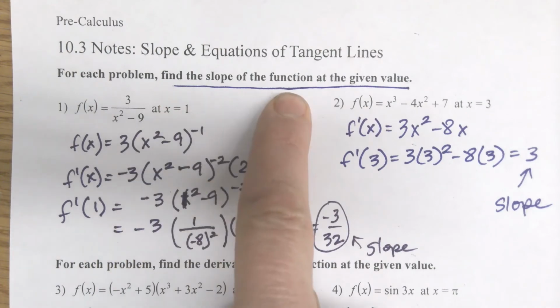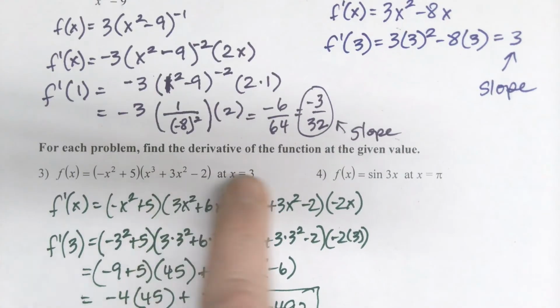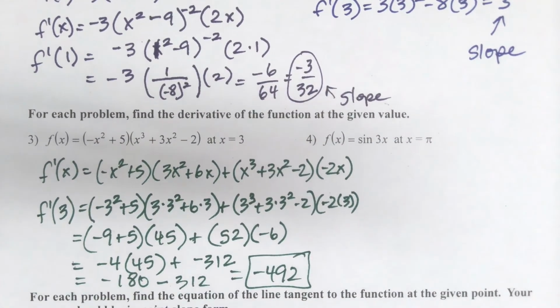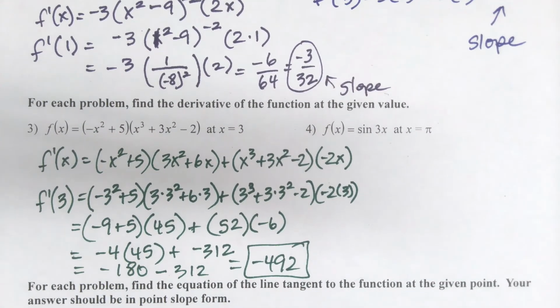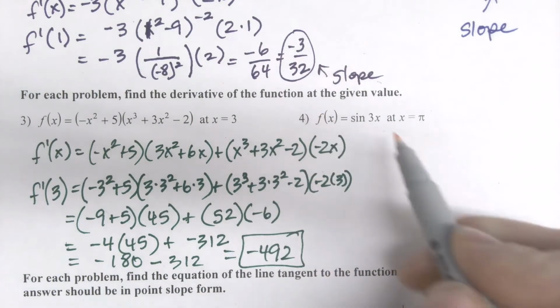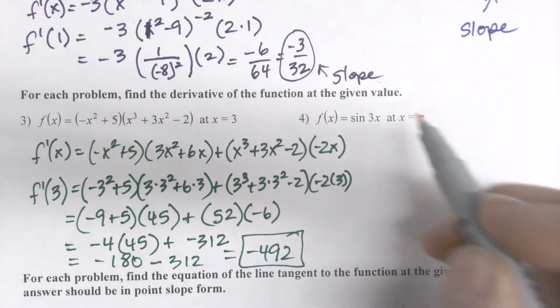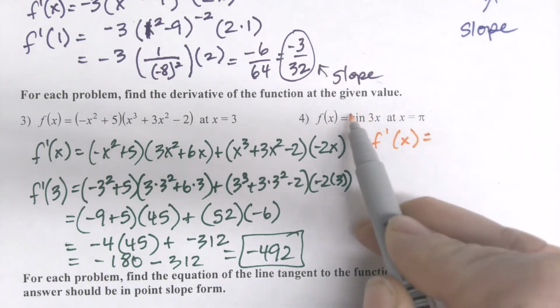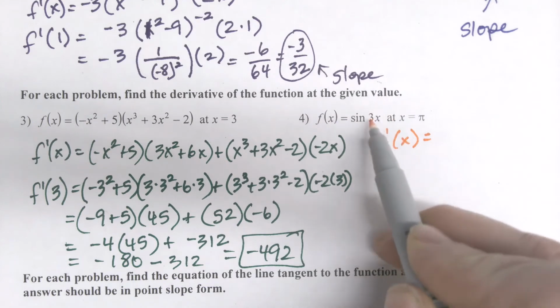So again, slope of a function at a given value and the derivative of a function at a given value mean the same thing. So let's do another one, or bring in some trig. Don't be worried when you see the trig in there. Again, it just applies the chain rule. So f prime of x is, remember, sine is the outer, 3x is the inner.